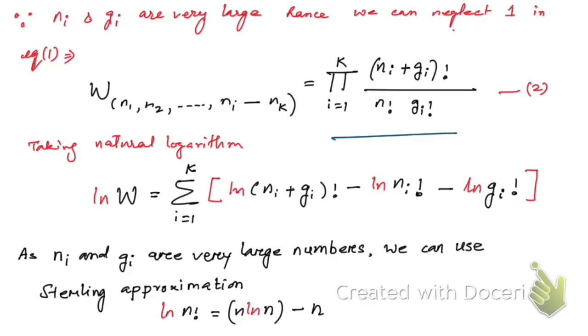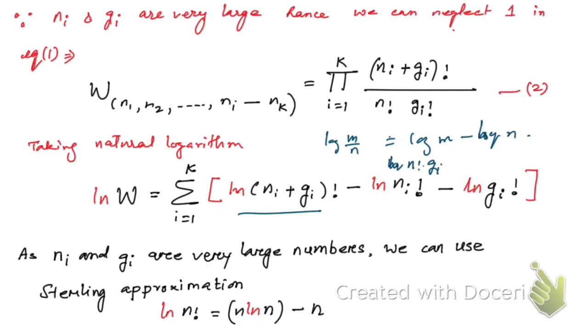Log of m divided by n is log m minus log n, so applying this we get this expression with minus ln ni factorial gi factorial.